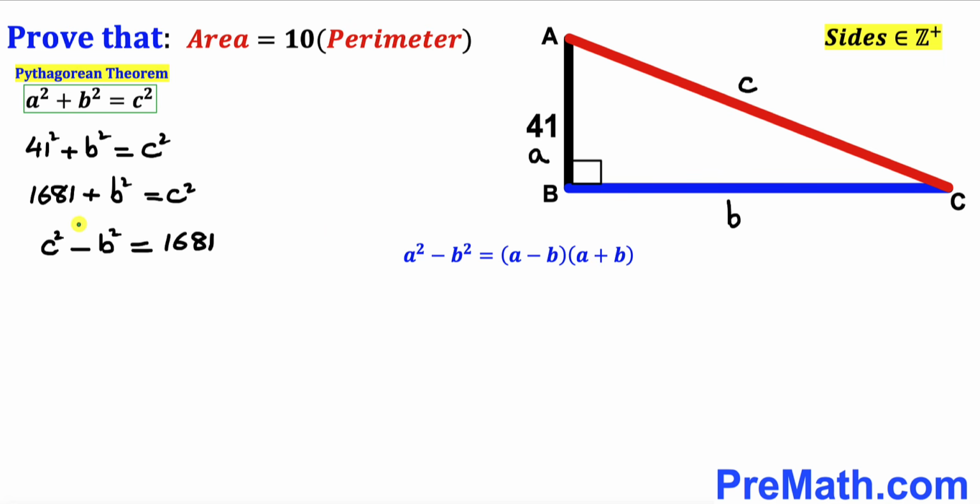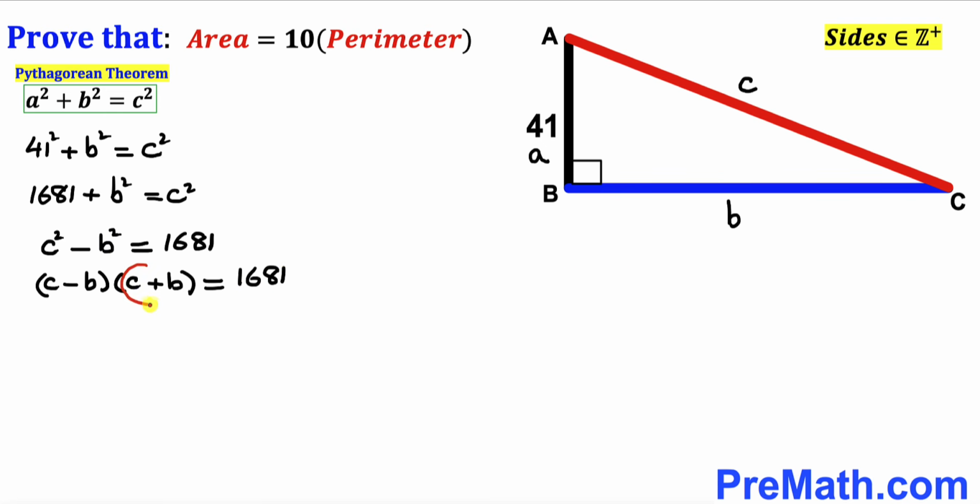We apply this identity on the left hand side of this equation, so we can write c minus b times c plus b equals 1681. Bear in mind that c plus b is bigger than c minus b.